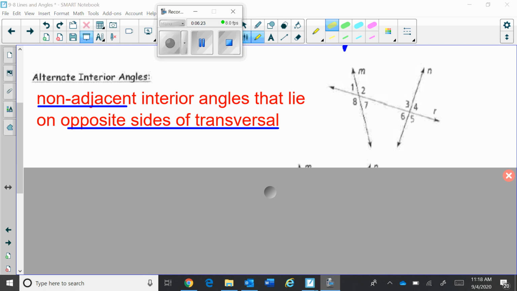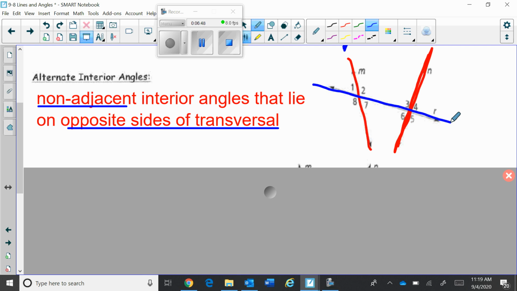What I've done on my end is replicate this M and N picture over and over again so that I can see what it is. But just as a quick review, these are our two coplanar lines. They're on the same plane together. And this line cutting through is our transversal.